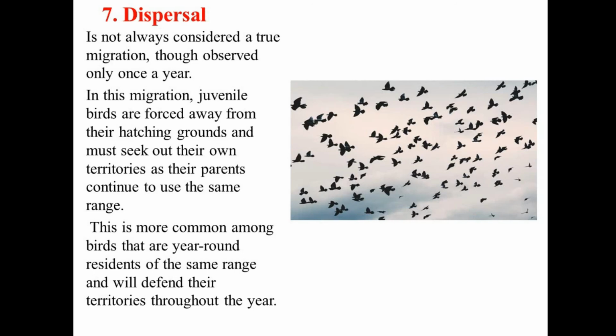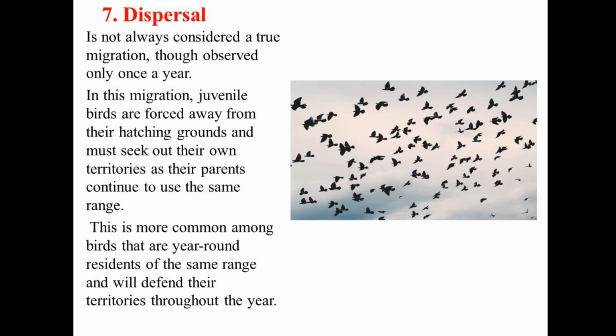Dispersal is not always considered a true migration, though it is observed once a year. In this migration, juvenile birds are forced away from their hatching grounds and must seek out their own territories, as their parents continue to use the same range.